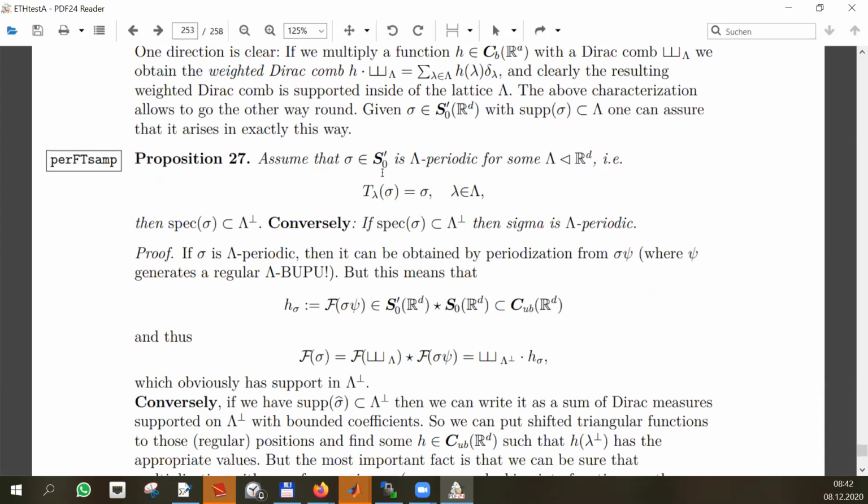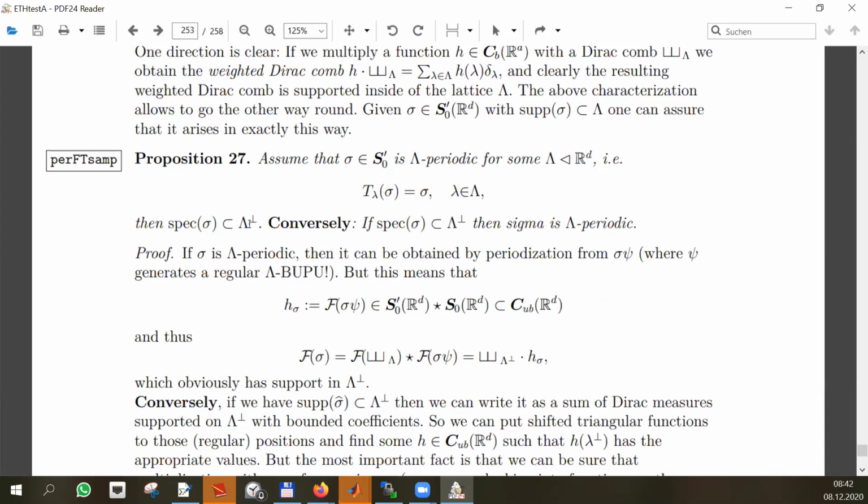So a mild distribution sigma is lambda periodic with respect to some lattice, some subgroup now, not a discrete set, but now a lattice, means that you have T lambda of sigma is sigma. Since a group means also the inverse is in it, you can also say that you shift backwards, but this is just another element of the group. And the claim is that if you have this information, then the spectrum must be discrete and sitting in the so-called orthogonal lattice.